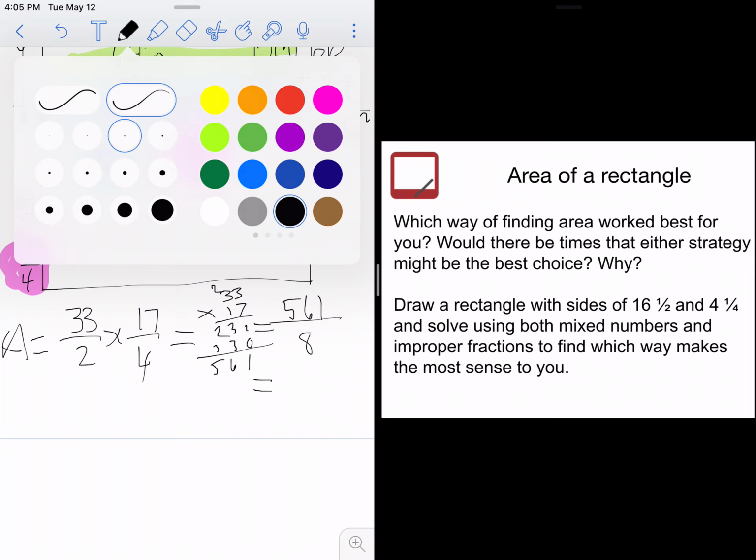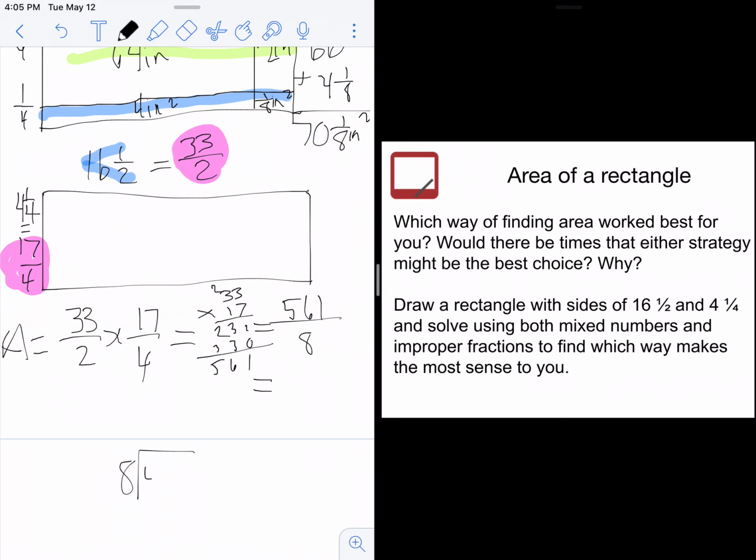So we have 8 into 561. 8 doesn't go into 5, but it goes into 56. 8 times 7 is 56. 8 doesn't go into 0. Bring down the 1. And remember, this is our fraction, 1/8. So this is 70 and 1/8.